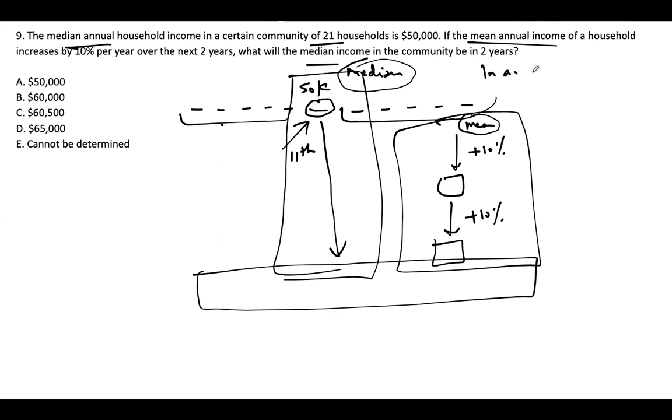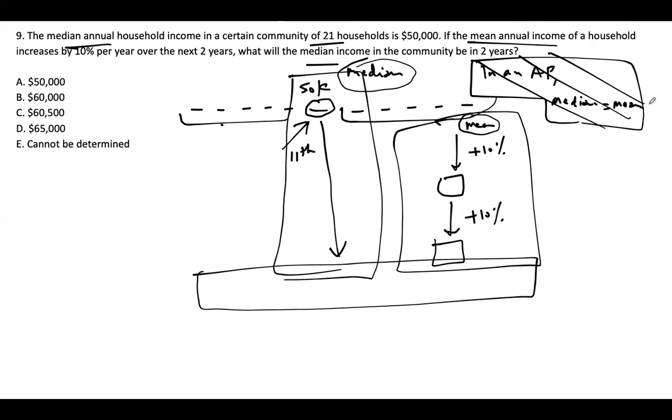Again, maybe you're going through the concept of an AP, where median is equal to mean. But who told you that this is an AP? Median and mean have no relation here. They're not related at all. Are you getting this point? Where is the information which tells you that mean and median are related? There's no information. I assumed.